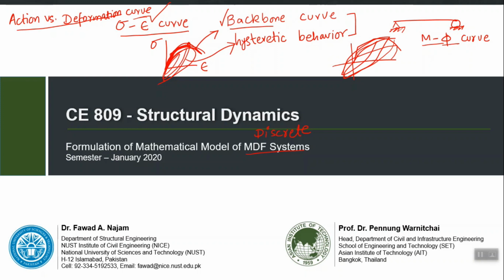So, discrete multiple degree of freedom systems may have mass assigned at more than one discrete location. But for example, you have a silo structure or a cylindrical structure, which has continuous mass right from base up to the full height. This kind of structure may not be idealized as a discrete multiple degree of freedom system, because it has a continuous mass and a continuous stiffness.